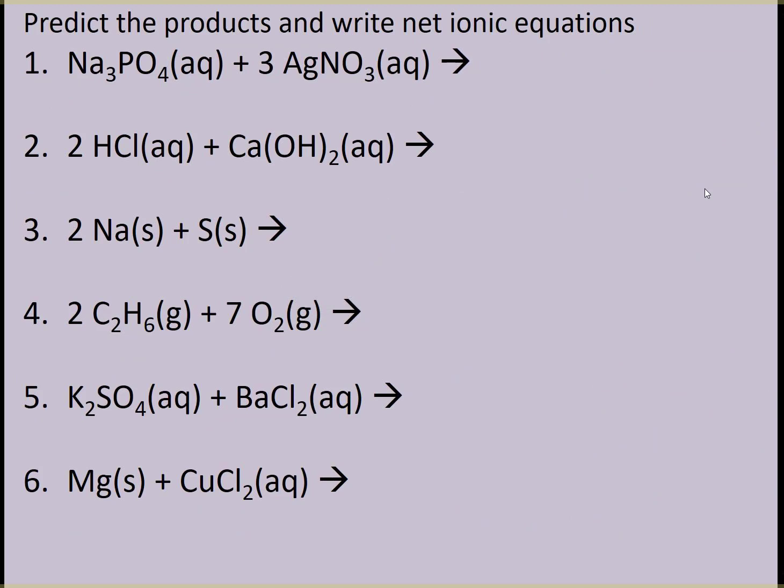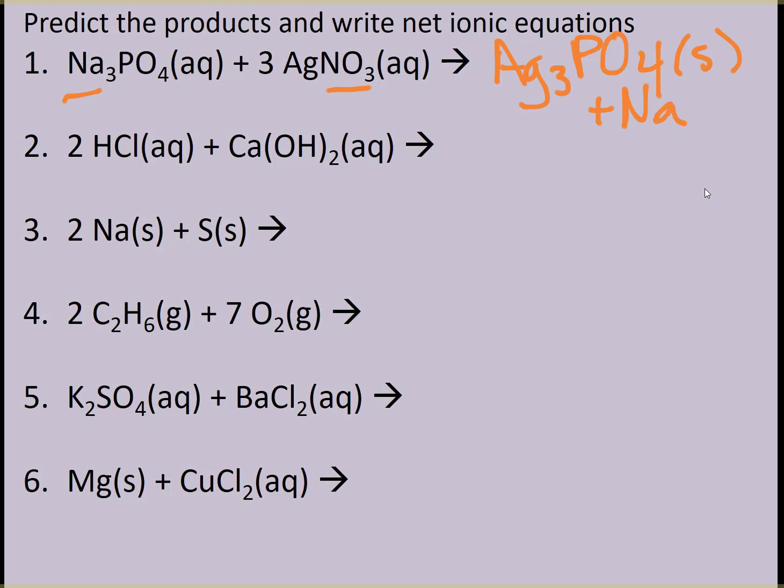So you're going to be making a solid, liquid, or gas on these. This first one is a precipitation reaction. And the precipitate that I'm going to be making, where nitrate and sodium are not going to make a precipitate, the leftover is going to be the silver phosphate. And so that's going to be my solid. And then I do have my spectators.